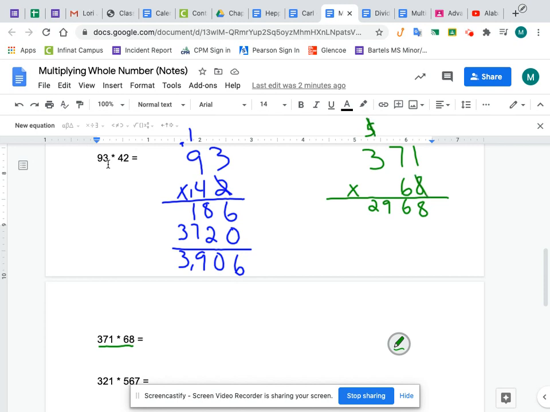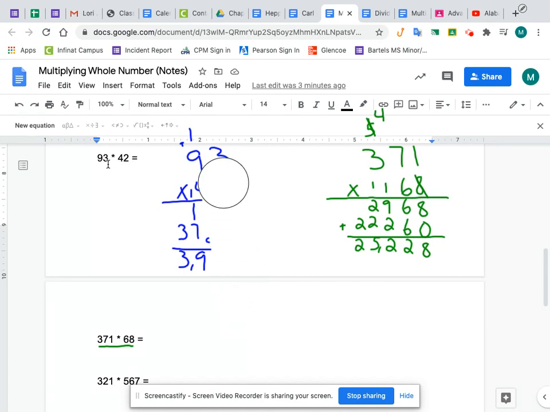Make sure I cross out my 8. 6 times 1 is 6. 6 times 7 is 42. 6 times 3 is 18. Plus 4 is 22. Adding, 6 plus 6 is 12. 10, 12. 5, 2. So 25,228 ends up being the answer for the second example.